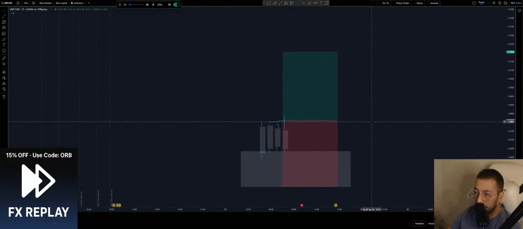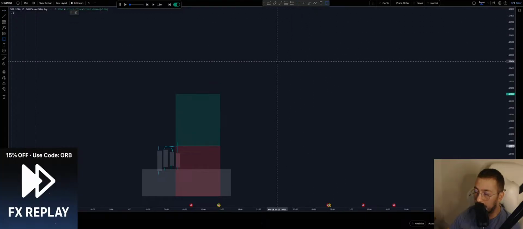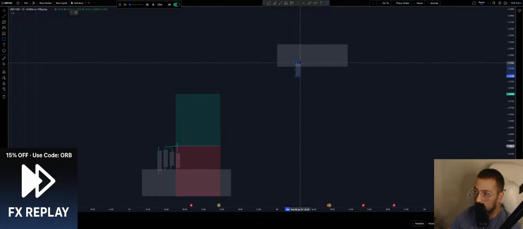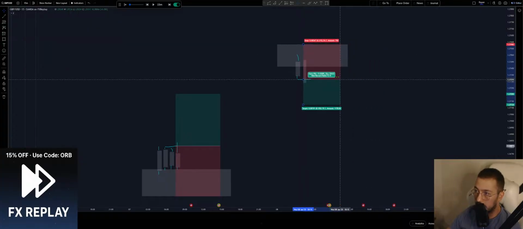And the same goes with the supply, the bearish setup. Price retests the zone. We're gonna be placing our order here. That's a stop order. We need to wait for the second candle to breach that order. That is your entry right there. Your stop is at the end of the supply zone.